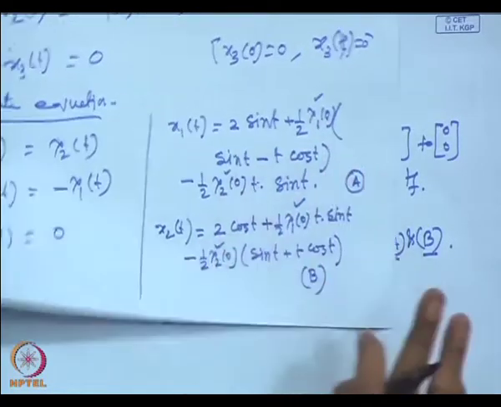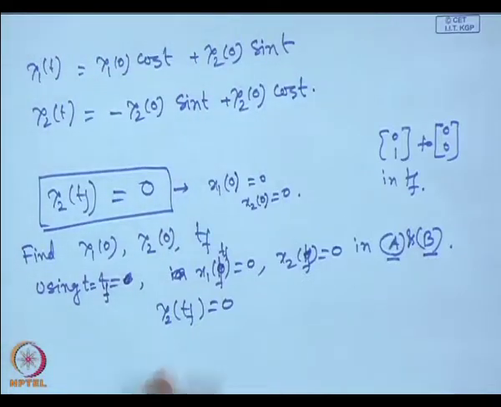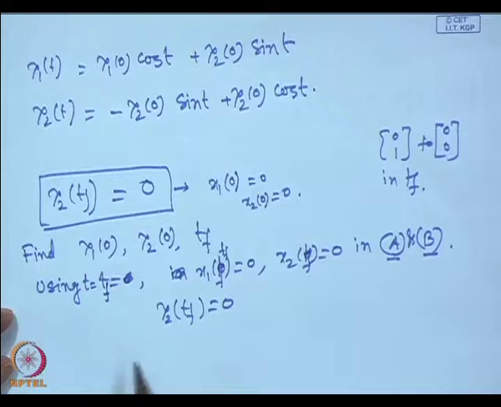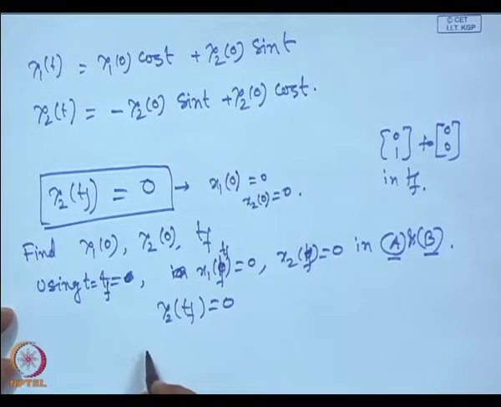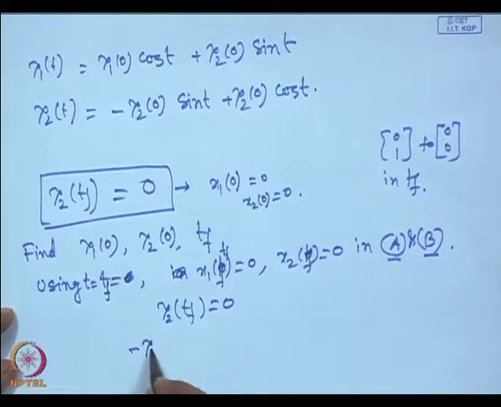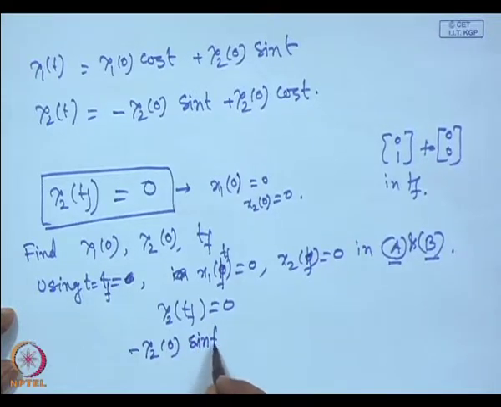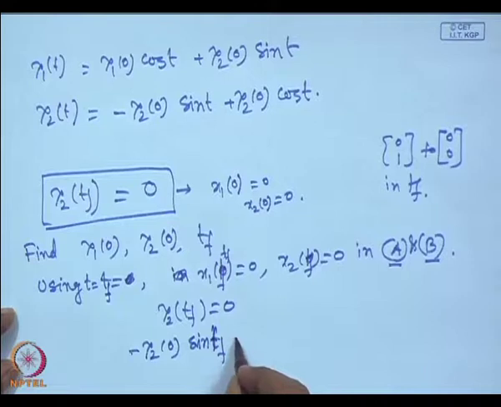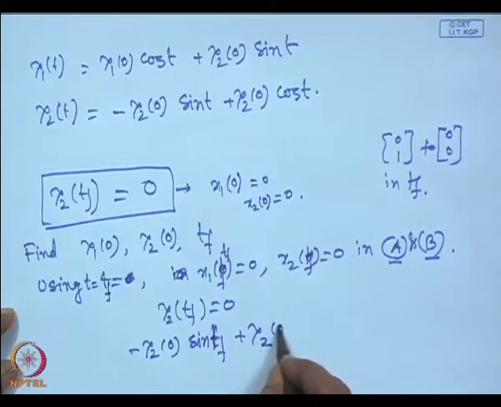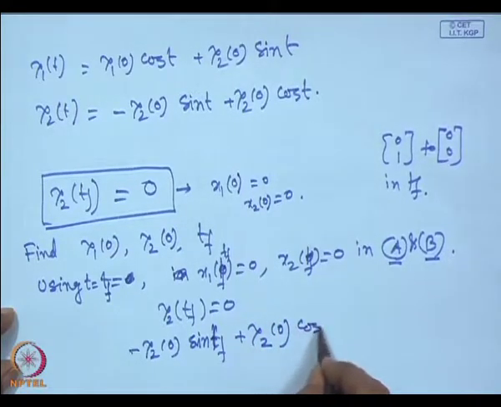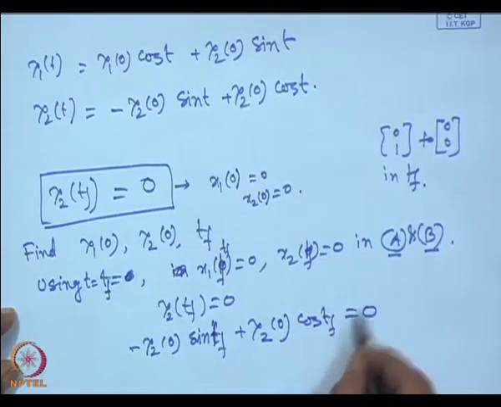We have 2 equations, so another equation I can get is lambda 2 T f is 0, that means we can write it equal to minus lambda 1 0 sin T f plus lambda 2 0 cos T f is equal to 0.